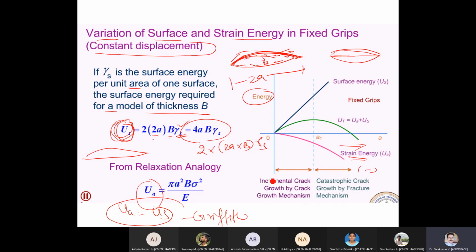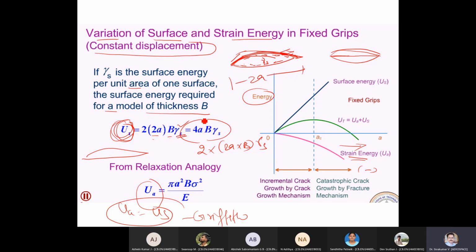Why is it negative? Already we have seen that in the constant load model the energy is positive, and in the constant displacement model it is negative. I told you the reason already. So this particular strain energy is negative. There is no doubt on the magnitude, only the sign changes.